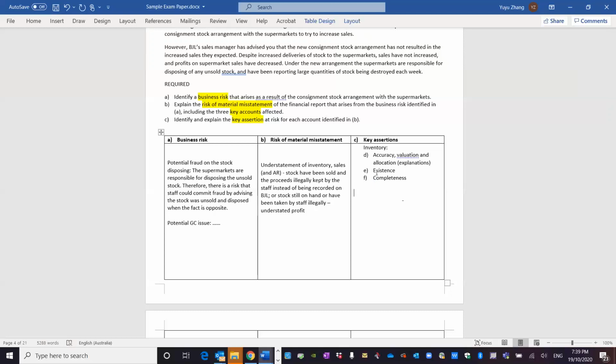What is the other account you could also identify? We say 3 key accounts. Can we say sales? Occurrence, maybe? So sales, occurrence, why?